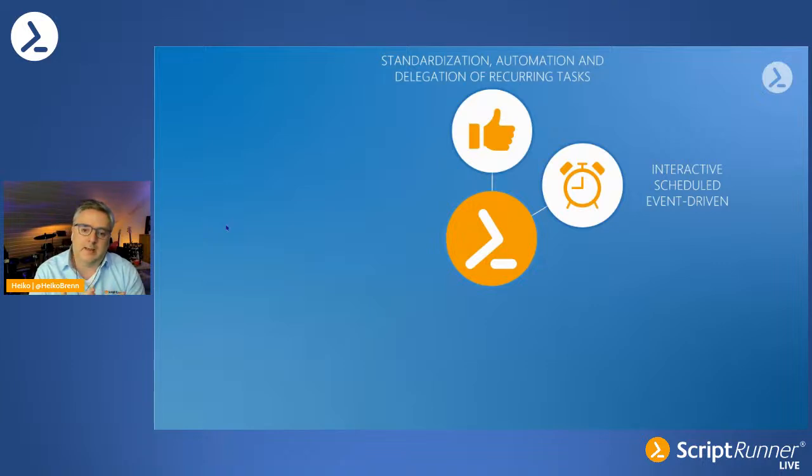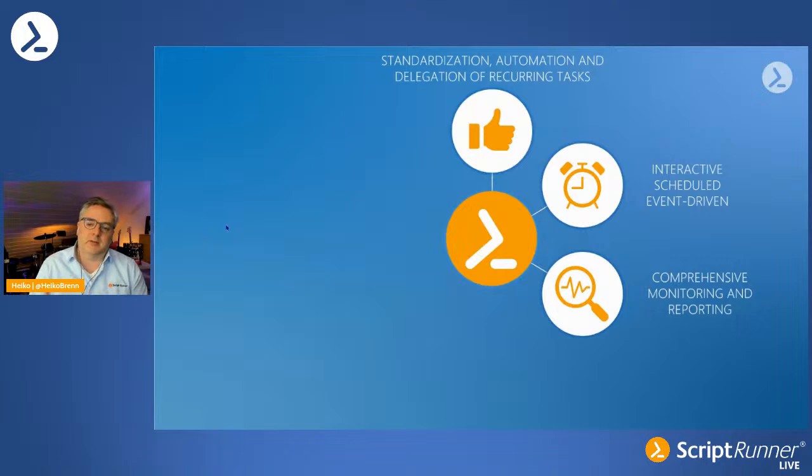So you're establishing basically an end-to-end automation for all kinds of processes. And having these three areas, interactive, scheduled, and event-driven, of course, opens up the possibility to automate all kinds of tasks and then trigger them whatever is necessary for the individual task and the individual process.